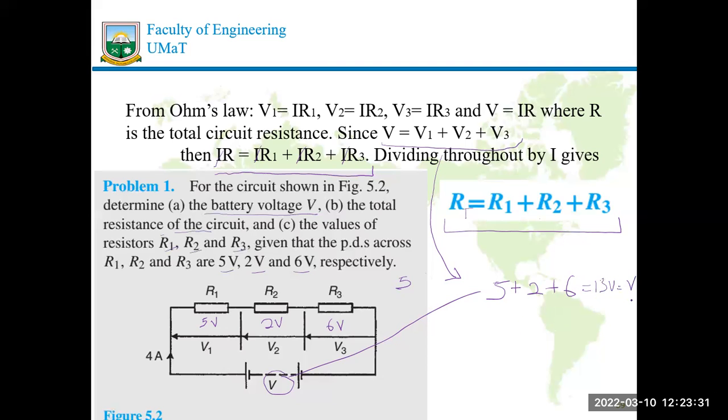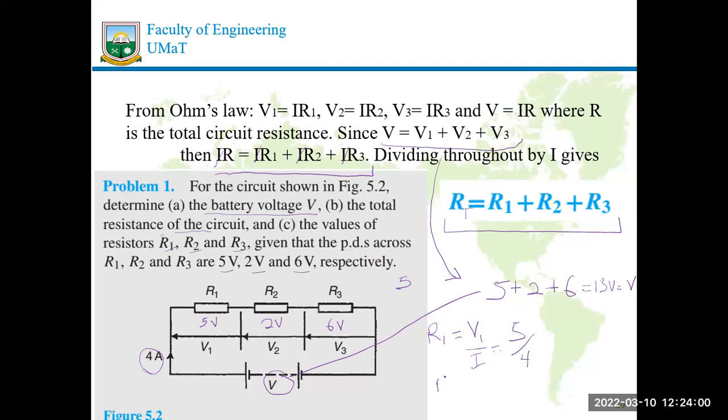Knowing this, what can be done next is to look at the current. We've been given the current here, and that current is 4. So I can find R1 by using V1 divided by the current I. That makes it 5 divided by my current 4.